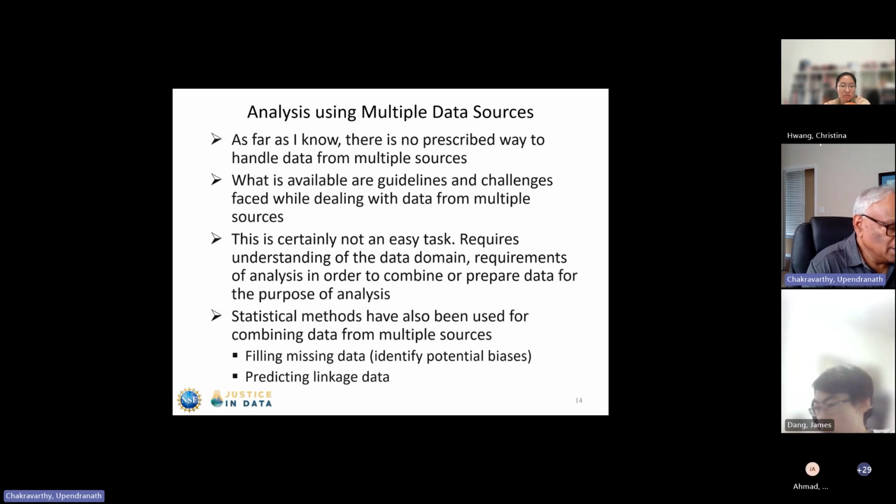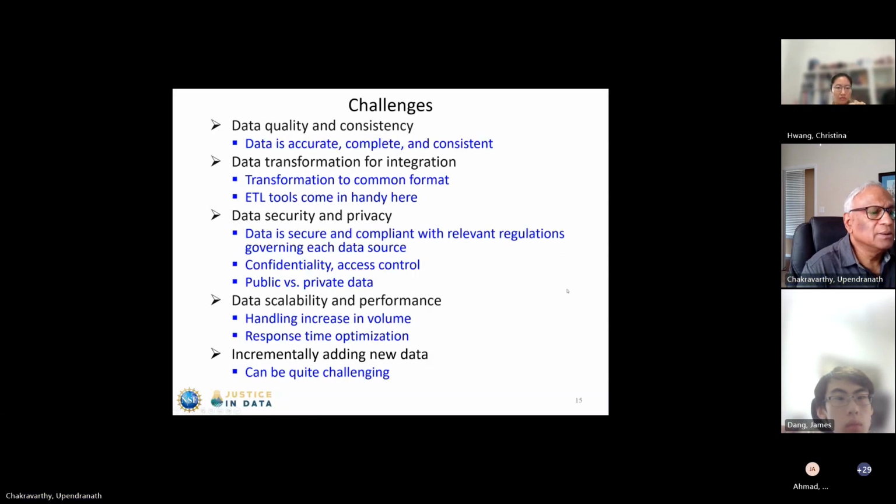For example, is it possible to fill missing data? What kind of distribution is appropriate? Because there is a lot of missing data in the real world. Predicting linkage information is another issue which has a lot of research: how do we predict linkages between data sets when it's not available?